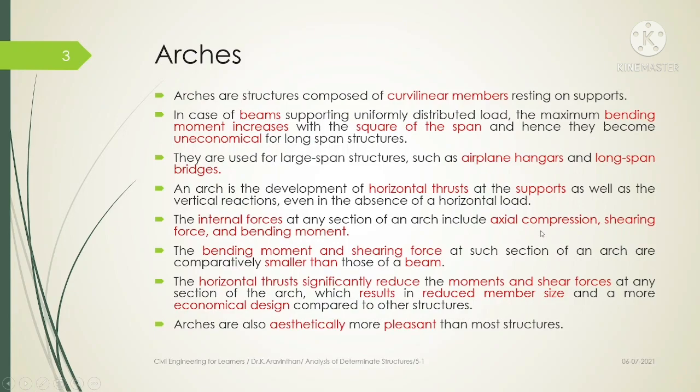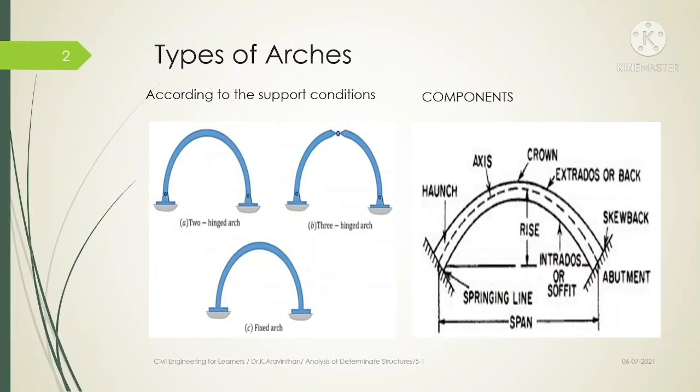So what is the advantage of having this axial compressive force? You know that if any beam is being loaded, at the bottom of the beam you will be having a tensile force, and at the top you will be having a compressive force. But in case of an arch, the bottom part is compression. So the bottom part takes the compressive force, and due to the load there will be a tensile force in the bottom.